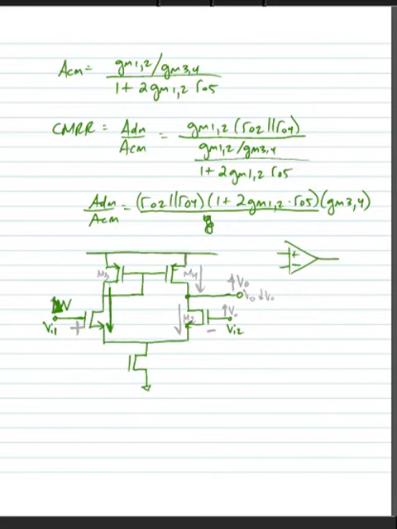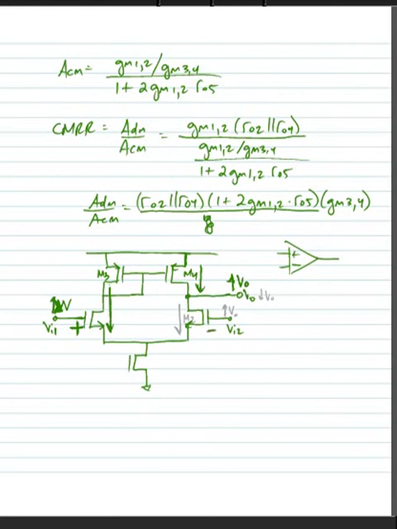Now that increase in current flows into M3 here and is mirrored over through M4 to the output. So we'd see more current flowing through M4 coming from the positive supply. So we have a higher current coming from the positive supply going towards the output node. So we should see the output node rise in voltage. And so we can say that this terminal is our non-inverting terminal because an increase in voltage at this terminal causes an increase in voltage at the output terminal.